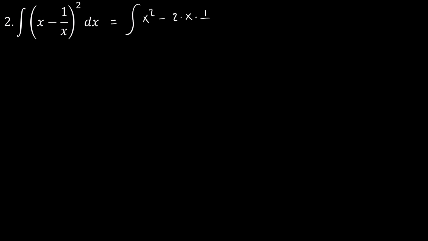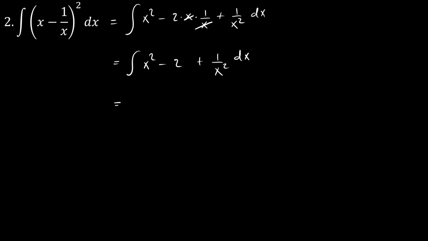Number 2, which is the indefinite integral of the square of x minus 1 over x, which is the same as the indefinite integral of x squared minus 2 times x times 1 over x plus 1 over x squared. So that and that would cancel, so we have the indefinite integral of x squared minus 2 plus 1 over x squared.